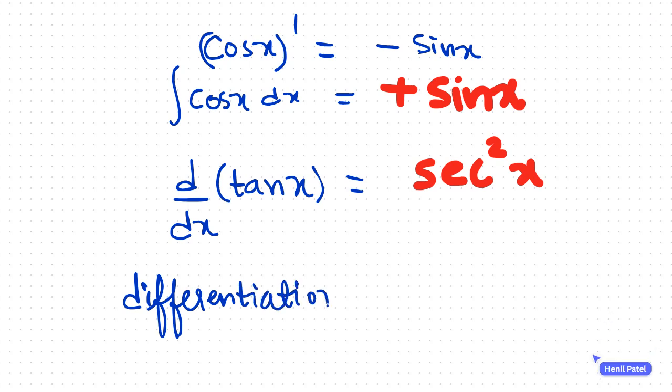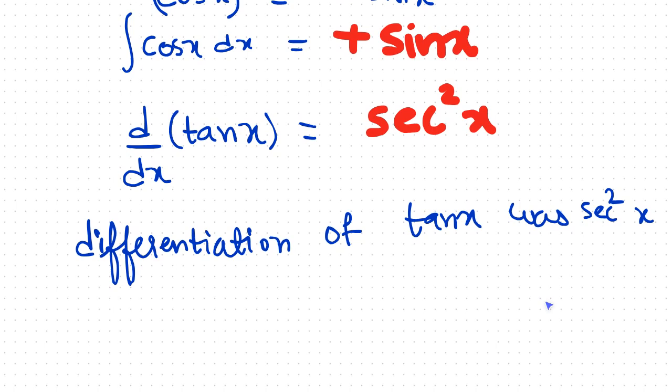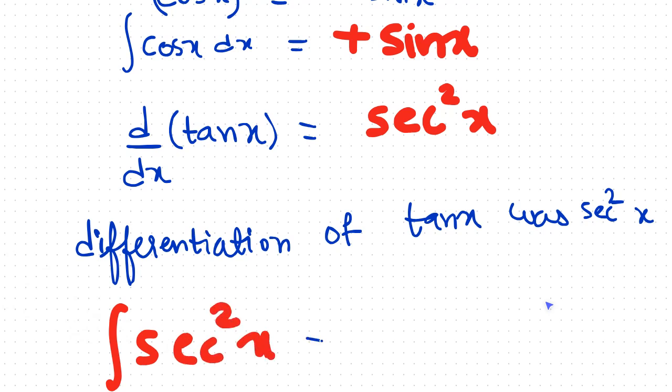But the reverse is like integration of secant square x. Integration of secant square x will be tan x.